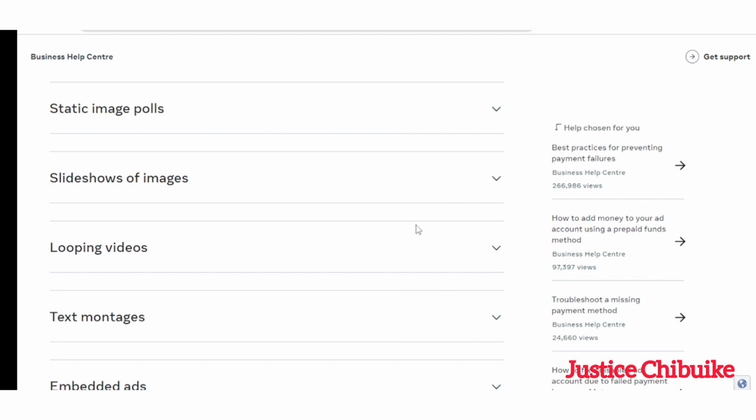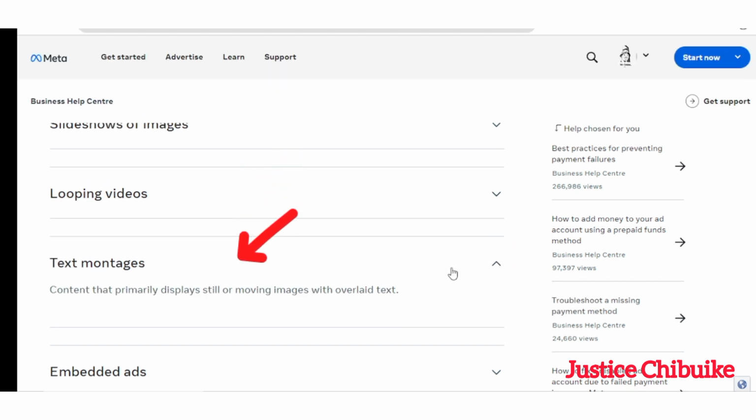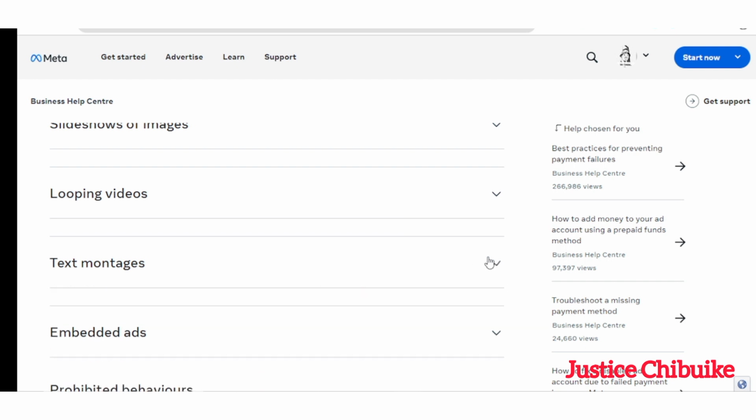Such videos will lead to monetization issues and you cannot monetize them on Facebook. Text montages. Facebook is saying that content that primarily displays still or moving images with overlaid text cannot be monetized. So if you are posting images that have only text on them, this kind of content cannot be monetized on Facebook.